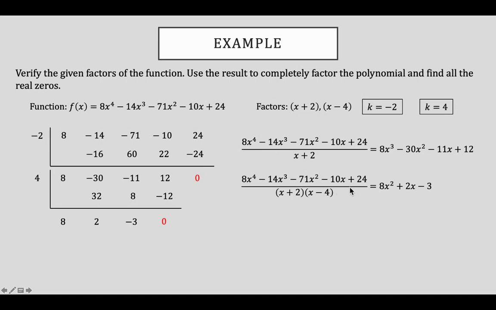And to isolate this numerator, I would have to multiply both sides of the equation by x plus 2 times x minus 4, leaving me with 8x to the fourth minus 14x cubed minus 71x squared minus 10x plus 24, again, that's the original function f of x, is equal to 8x squared plus 2x minus 3, the quantity of that, times x plus 2 times x minus 4. And so here we have our partially factored form. The right-hand side of this equation is our partially factored form of our original function f of x.